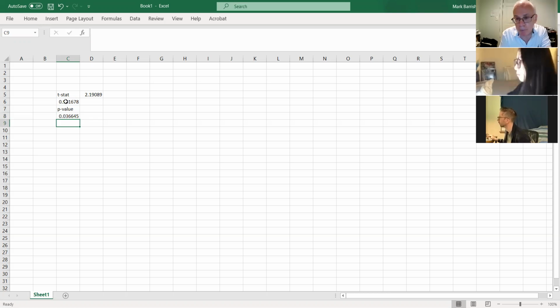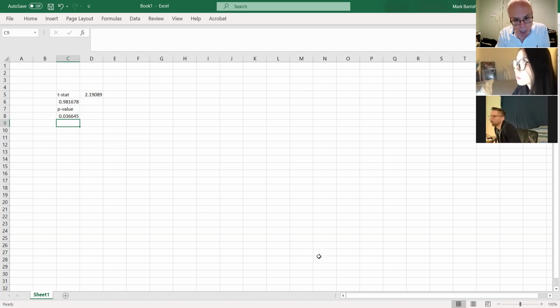There's my p-value. It's basically 1 minus this number up here, 0.98, times 2. So that's my p-value, 0.037 if you want to round it to 3 decimal places.